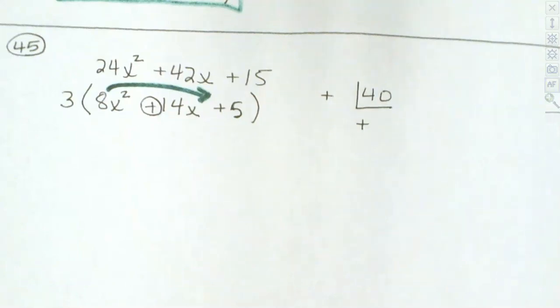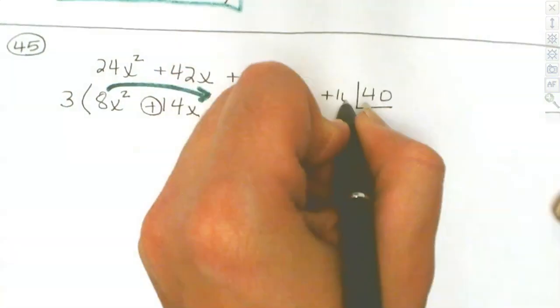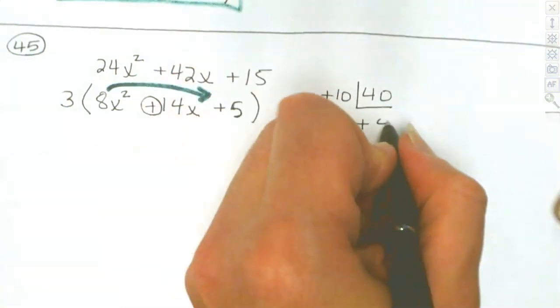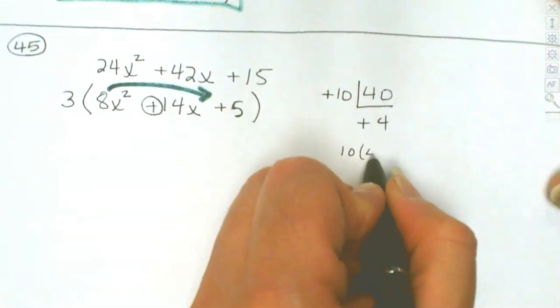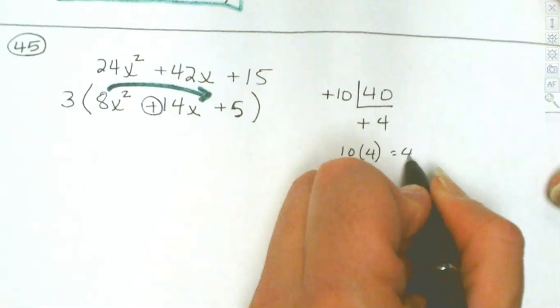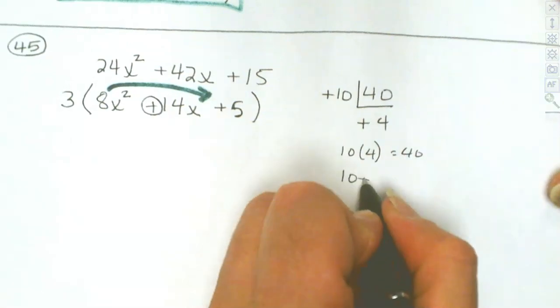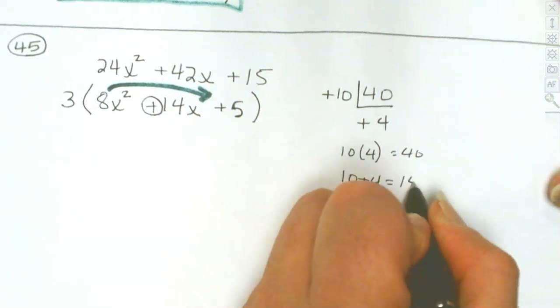If you struggle with finding the numbers, what does it end in? 0. So that means you've got to have a 5 or a 10 in it, or a multiple thereof. So 5, 10, 15, 20, I would try things like that. Well, if you just start with a 10, that gives you a 10 and a what? 4, right? That gives you the 14. Because 10 times 4 is 40. And 10 plus 4 is that 14 in the middle.